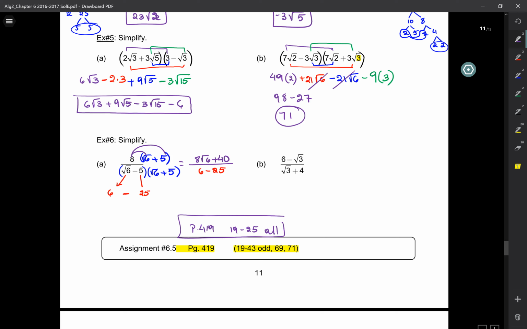So here I get 8 root 6 plus 40 over 6 minus 25, which is negative 19.